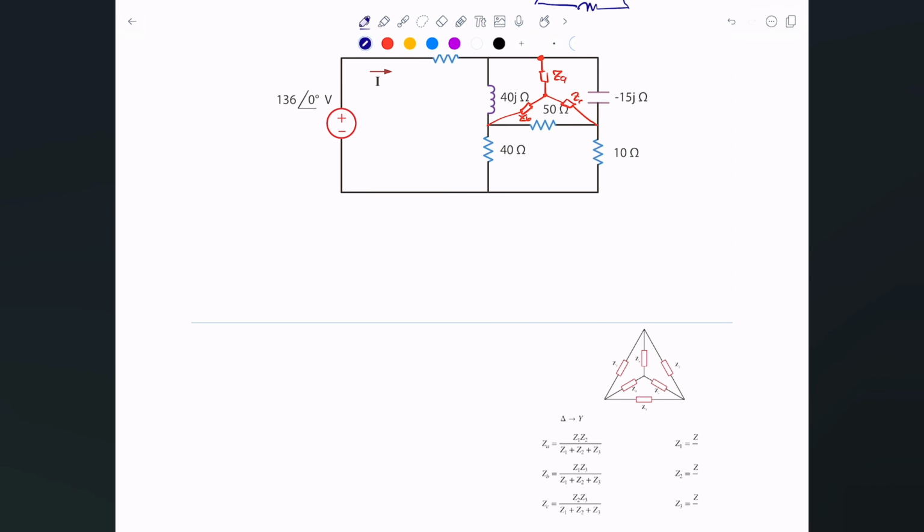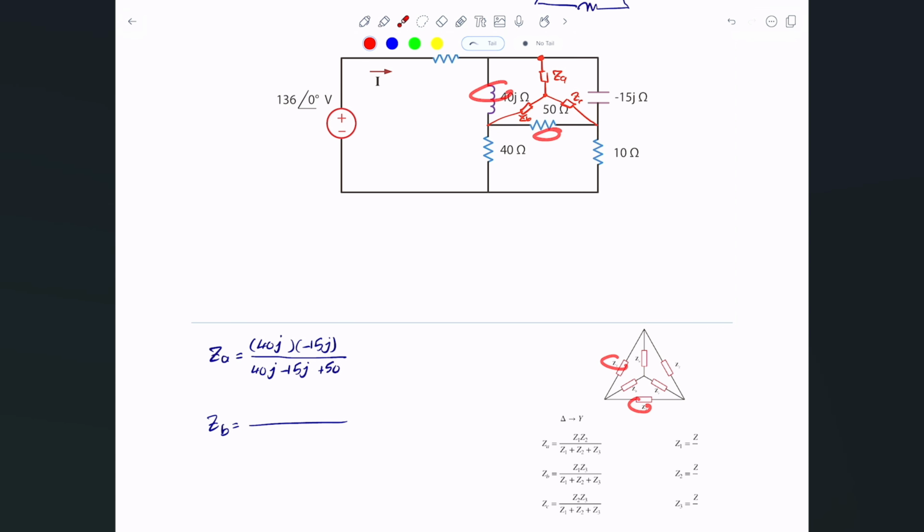All right, so let me just rewrite these. ZA will be simply 40j times negative 15j divided by, well, I'll just sum them, which is 40j minus 15j plus 50 ohms. And we can see the same thing with ZB. ZB is actually this one here in our case, so that will become Z1 and Z3, which are the 40j and the 50 here.